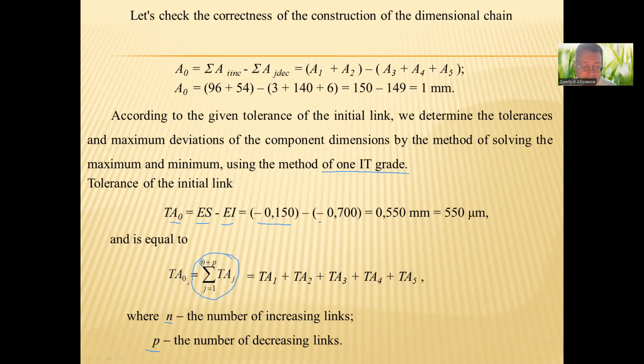N plus P is all links except the initial link. So T A suffix 1 plus T A suffix 2 plus T A suffix 3 plus T A suffix 4 plus T A suffix 5 will be equal to 550.